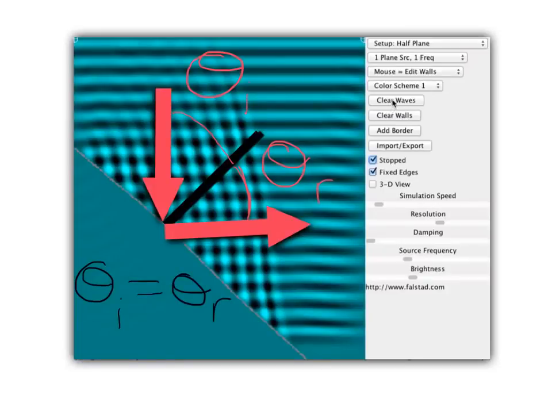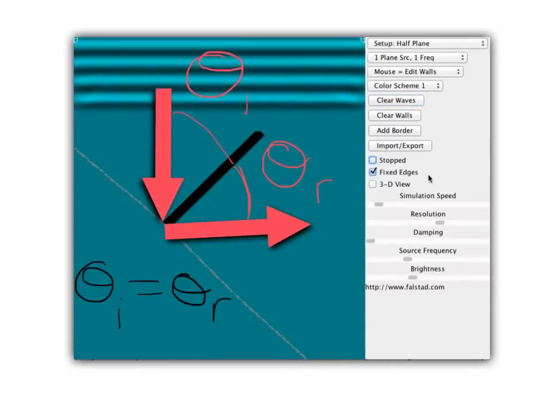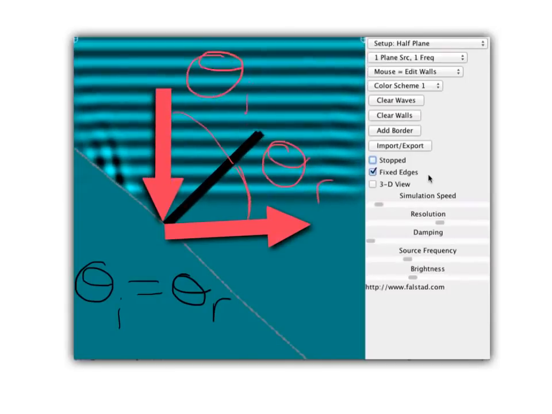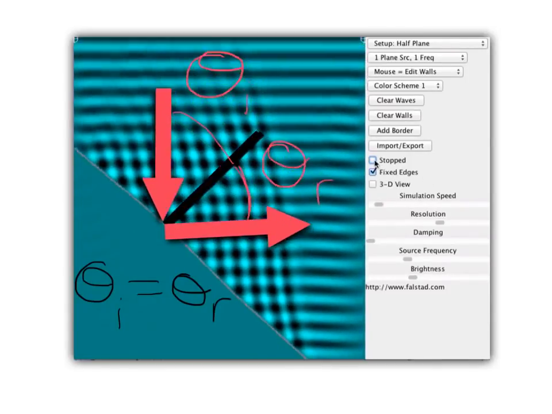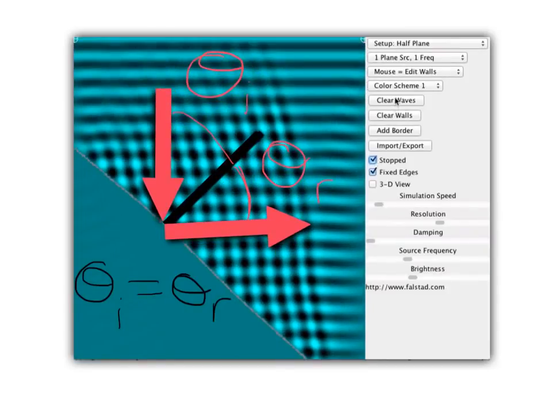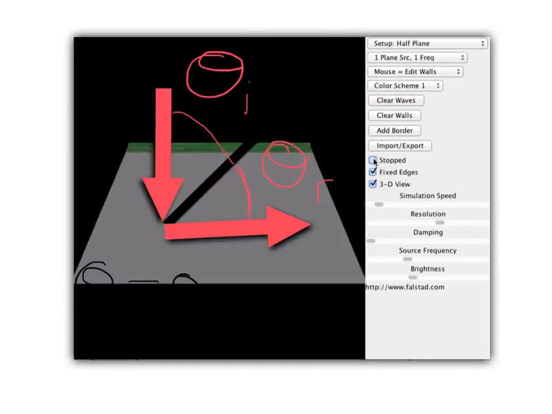So let's watch. And we'll watch the waves come in one more time, the incident waves, and they bounce off the barrier, and I see the reflected waves, and I see that the angle of incidence equals the angle of reflection. And now I can also, let me first of all get rid of all of this.